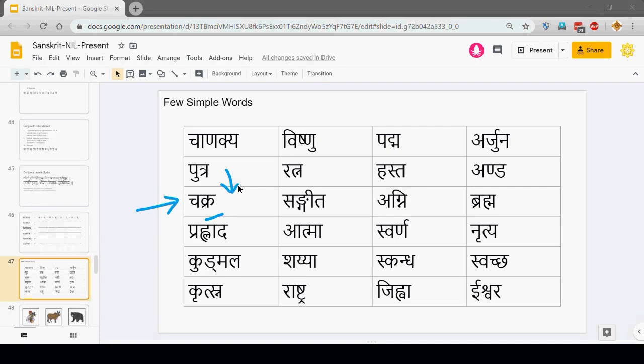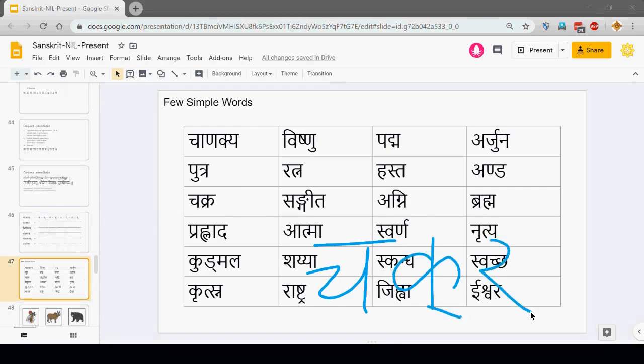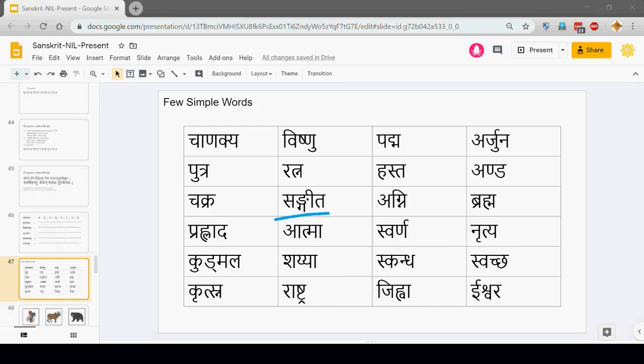Then the bottom one is the full pronunciation with the vowel. So it is cha and then ka and ra. Ka is a consonant with no vowel, and then the ra follows. Chakra is wheel. Okay, next one.